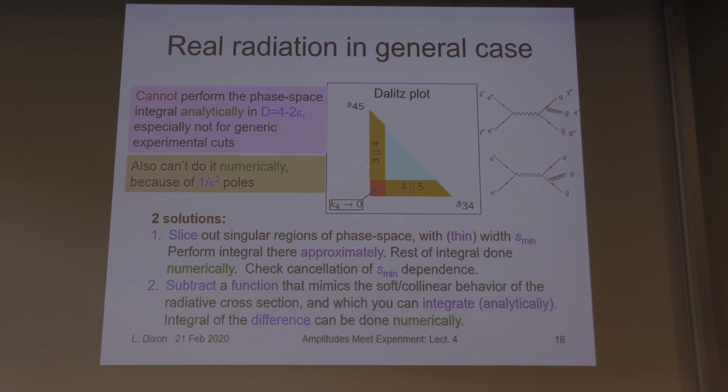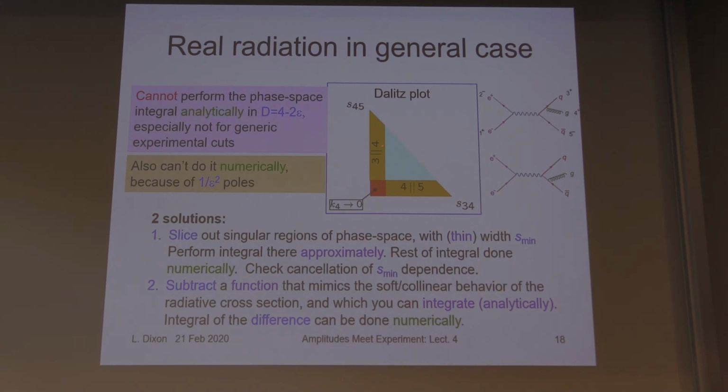So anyway, in this region here, that's the collinear region when 3 is parallel to 4. S34 goes to 0. Over here, S45 goes to 0. And then there's an overlap when both of them are small, which is the soft wide angle region. Or it could be soft collinear if it's on this edge.